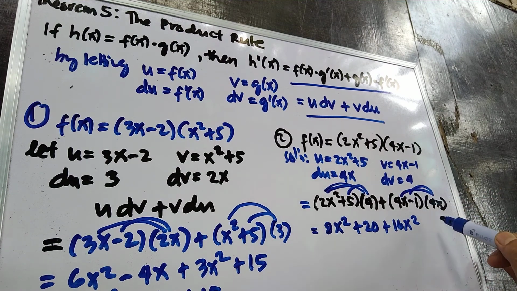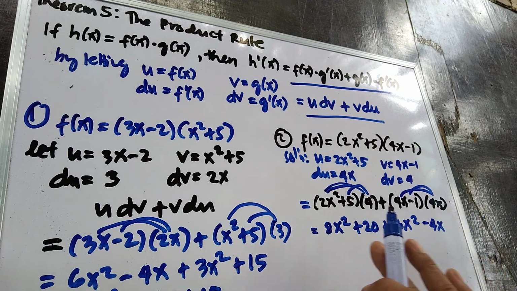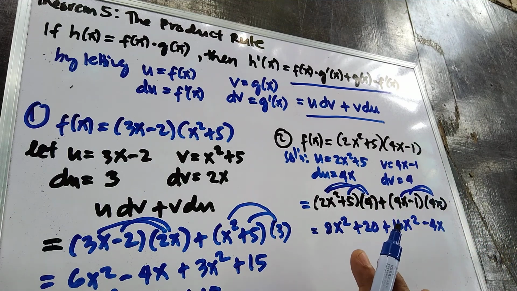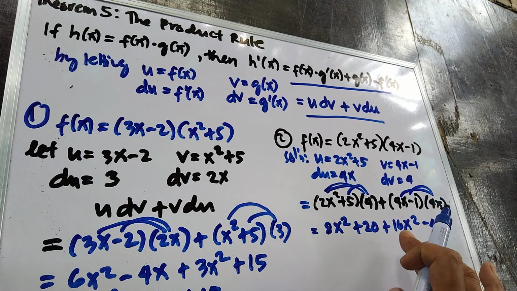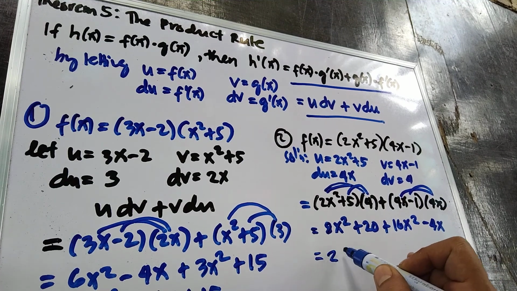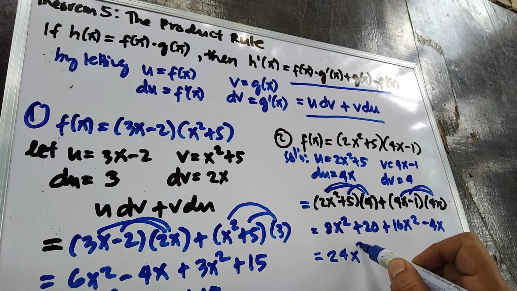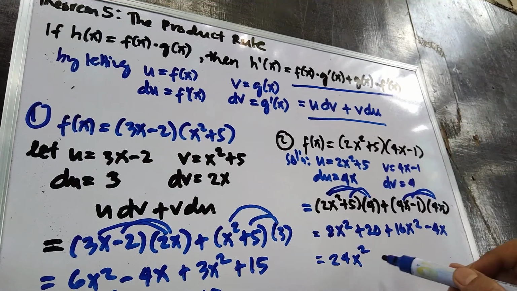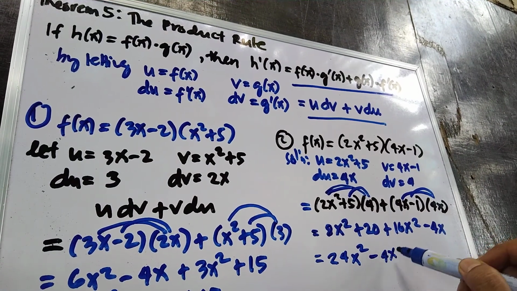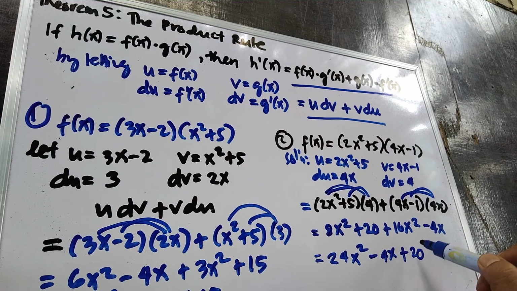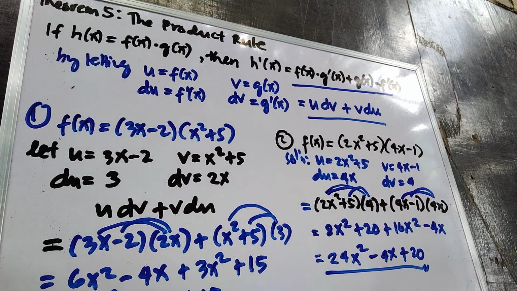Negative 1 times 4x, you have negative 4x. So we can combine, because they are both x squared. You simply add the constants, 8 plus 16, you have 24. You copy the variable x squared. Then arrange. You just copy negative 4x, then plus 20. That's it. Simple, the product rule.